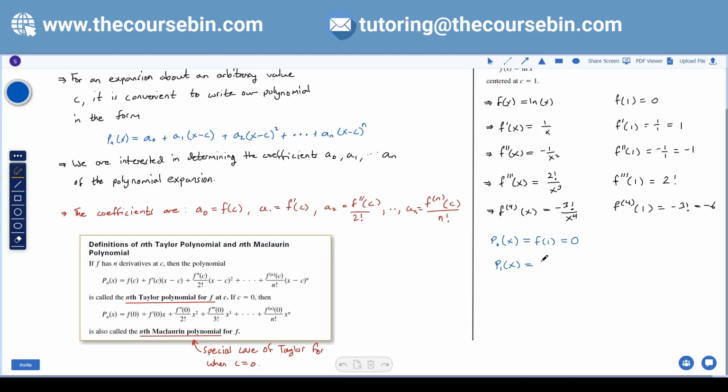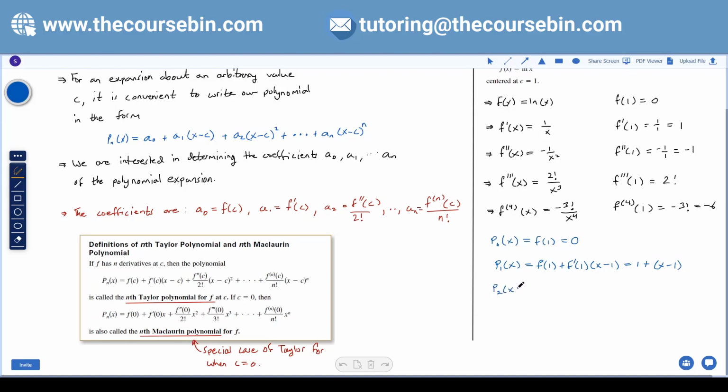So this is going to be f of 1 plus f prime of 1 times x minus 1. Right? And if we substitute what our values are, it's just 1 minus x minus 1. Or actually, sorry, the minus is for f double prime. This should be positive. So it's going to be 1 plus x minus 1.